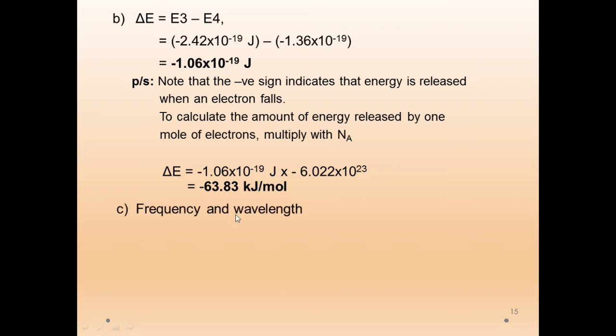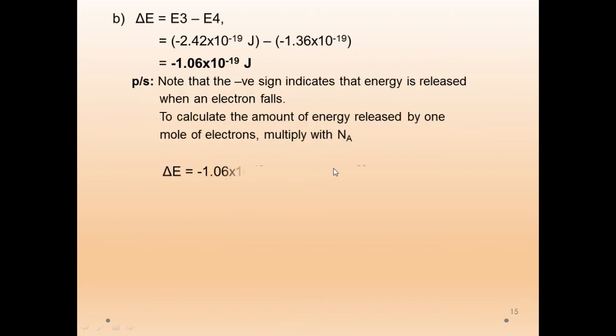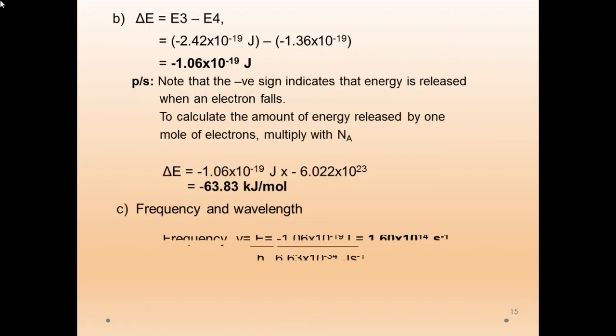For the frequency and the wavelength, the question does ask for the frequency and the wavelength of this photon. Since we managed to find the energy, by substituting into the earlier formula with the Planck constant, v equals E over h, or just now we did it, E equals hv.